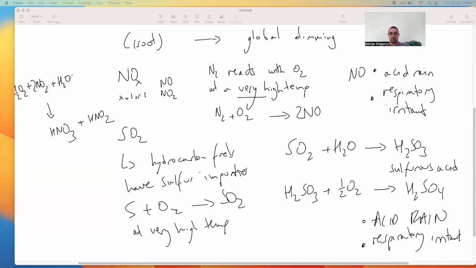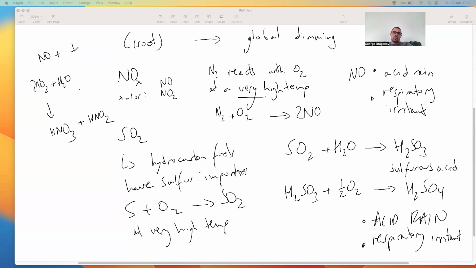Now that's a problem as well. We can actually remove the oxygen here altogether. That's the solution, because the NO2 has actually come from NO being oxidized.